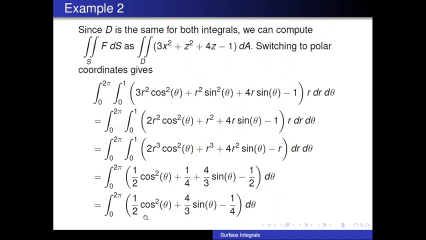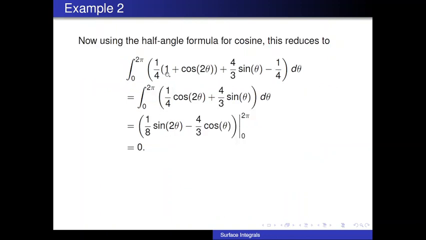In the first term, we'll invoke the half angle identity for cosine, which we already have 1/2 outside, so putting another 1/2 outside from that identity gives us 1/4 times the quantity 1 plus cosine of 2 theta. After doing that, we've got 1/4 plus 1/4 cosine of 2 theta plus 4/3 sine theta minus 1/4.